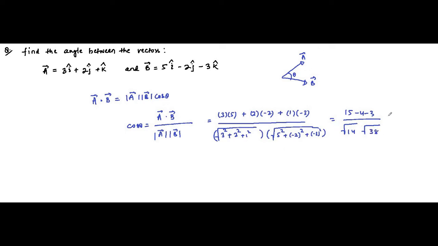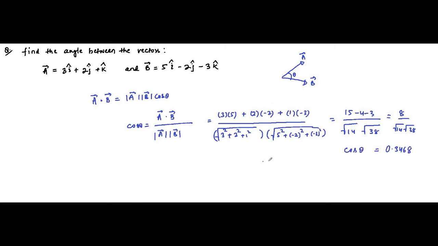So this is 8 by root 14 root 38. So the result is coming around 0.3468, that is cos theta.